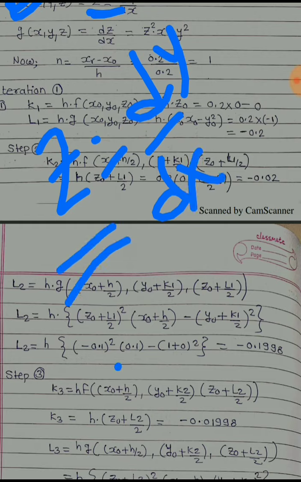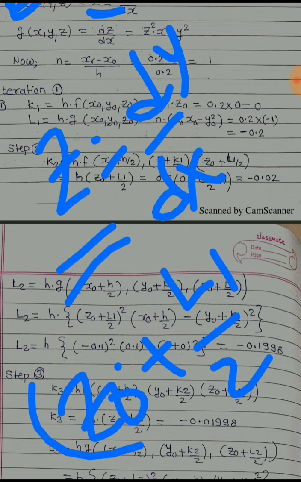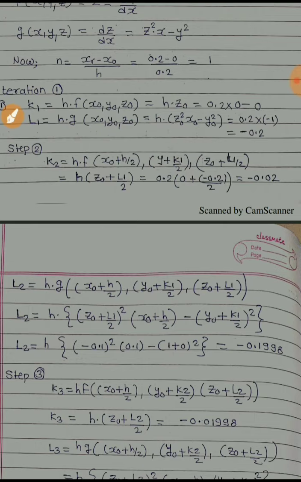Instead of z I am going to put z0 plus L1 by 2, so only this value I am going to put in the equation, and hence you don't find any term related to x0 and y there, only z0 related terms. So h into z0 plus L1 by 2: h is known, that is 0.2, z0 is 0, L1 was calculated just now, that is minus 0.2, so minus 0.2 by 2, and the answer becomes minus 0.02. So minus 0.02 will be the answer.